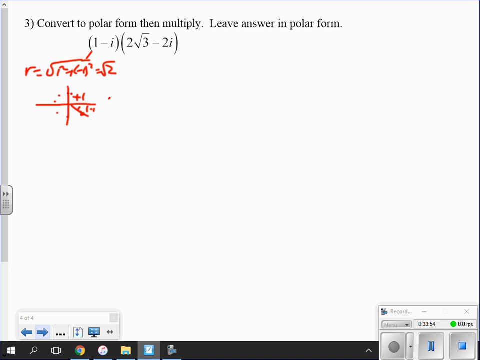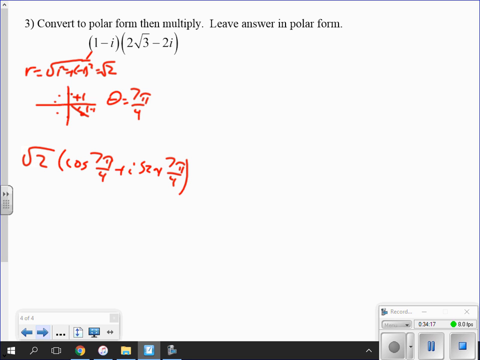So our angle would be 7 pi over 4. That's not that hard to figure out. So our first number is root 2 times cosine of 7 pi over 4 plus i sine of 7 pi over 4.